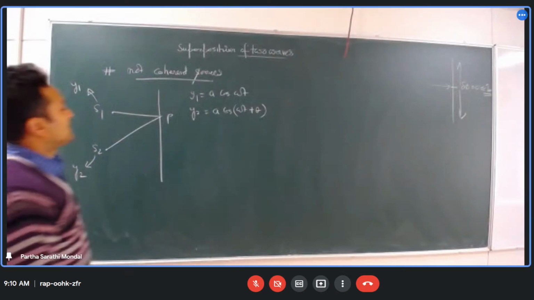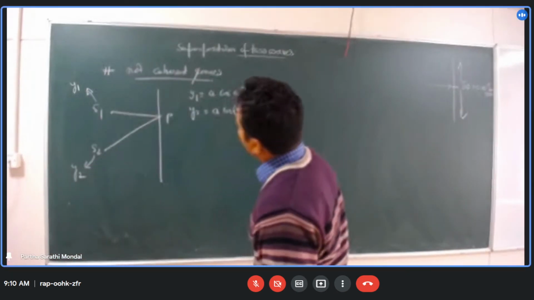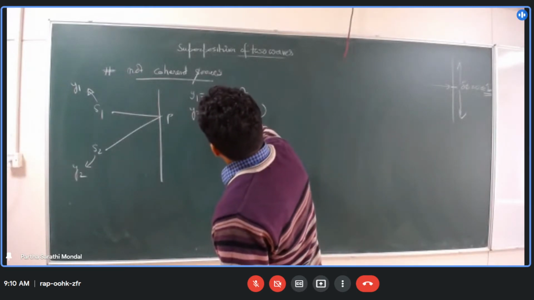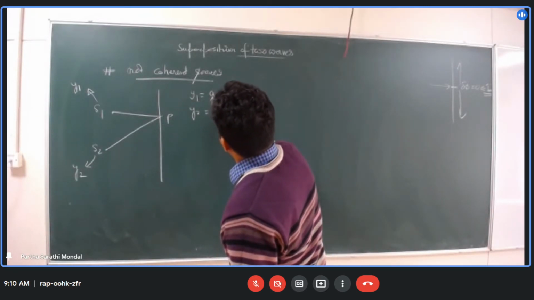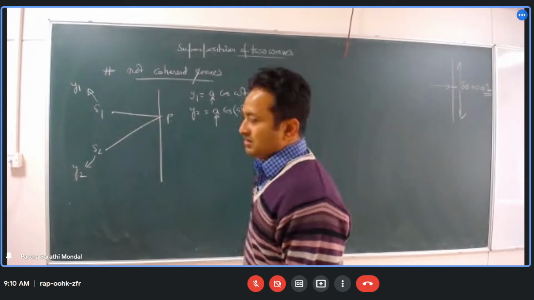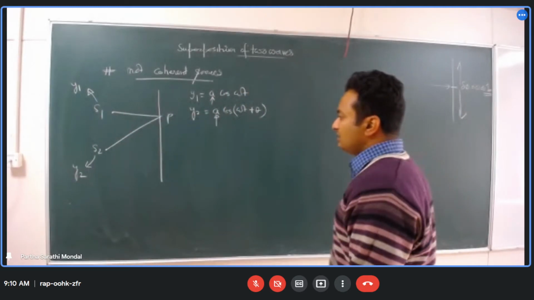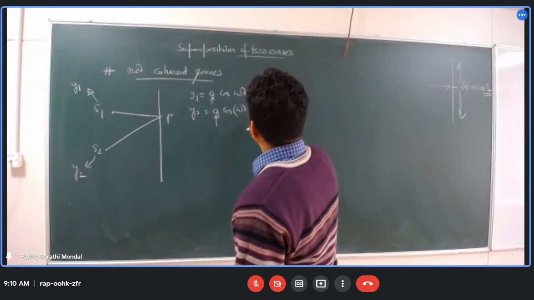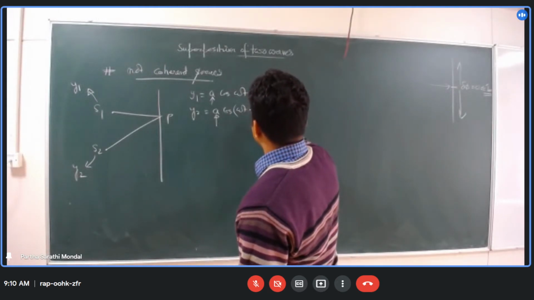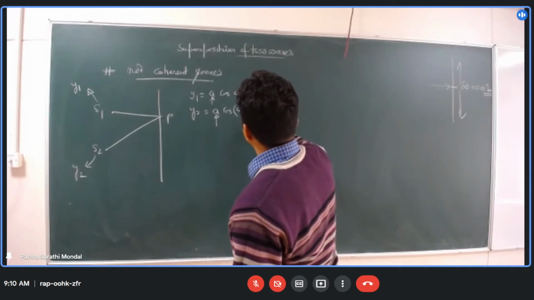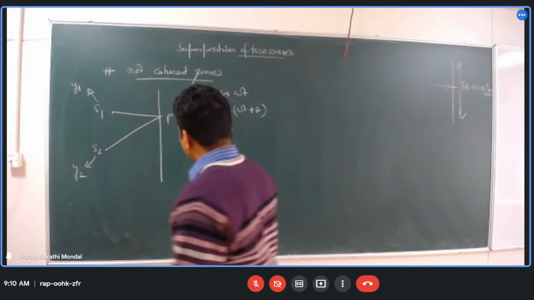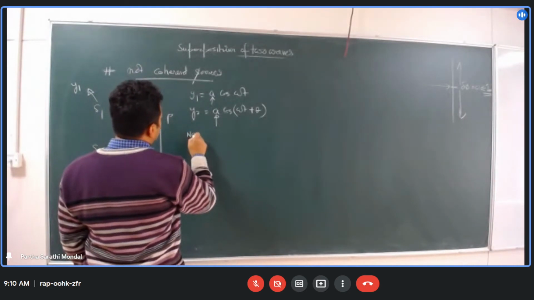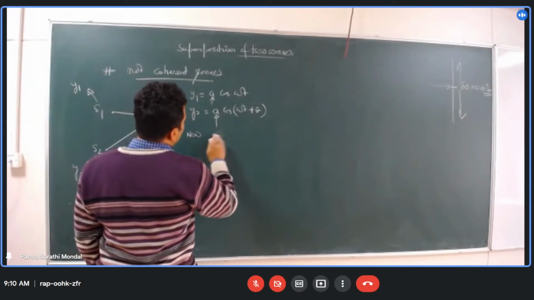Now what simple assumption have we made from the previous one? Here we have taken the intensity or amplitude to be the same from both sources, and the phase difference is theta, with the difference taken as 0 and theta. Now we are considering that theta is not constant.